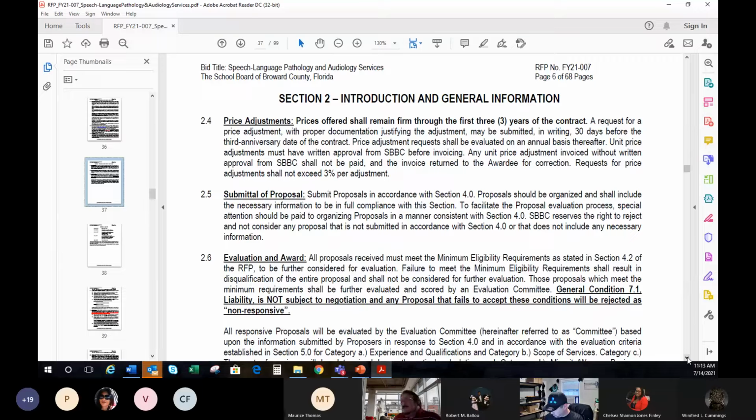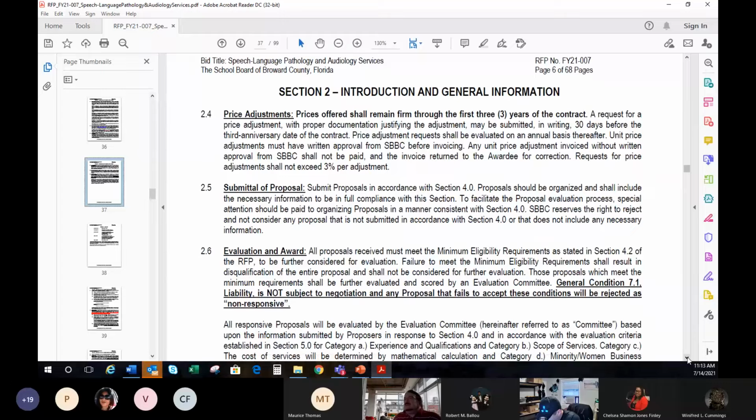But most of the time on this, we usually don't use the renewals. We go ahead and rebid the item so that we can get new proposers into the awarded areas of the service. Basically, this is submittal of proposal. I'll let you read that.